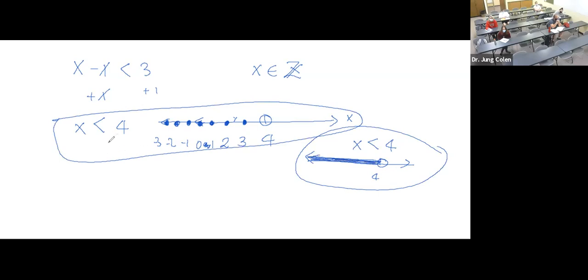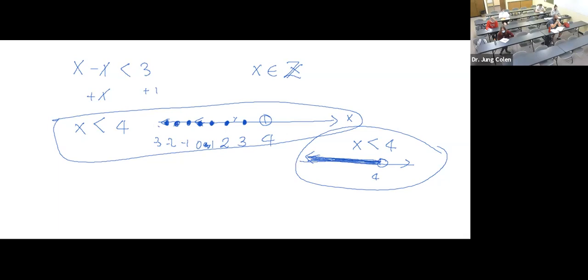Because the x here should be only integers. So we are not looking at any number in between like 2.4. It's not an integer. We're not looking at negative 1.995. So we are looking at only integers, so you are only shading those integers here. So when we have real numbers, we need to include all the numbers on that side. You see the difference? Make sense?